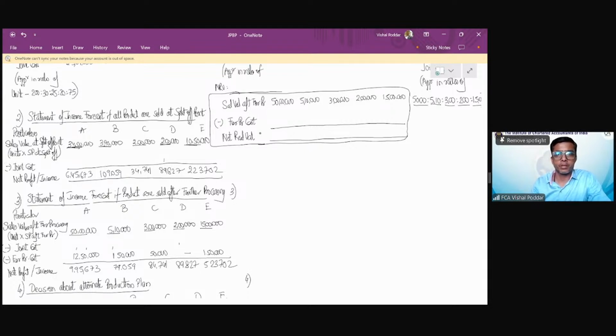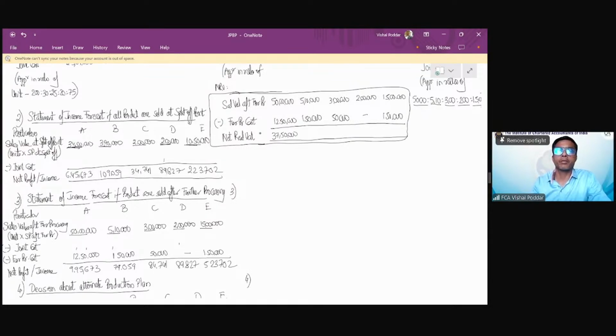From this, further processing cost: 1250, 150, 50, 150. Now when you subtract this, what is left is your NRV.